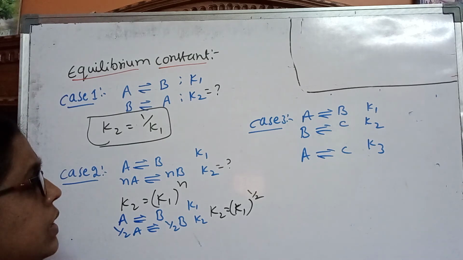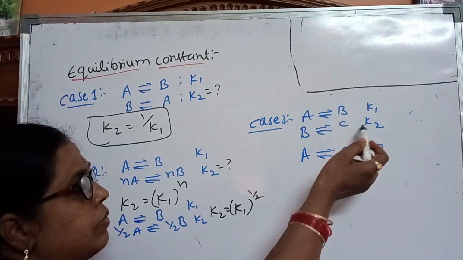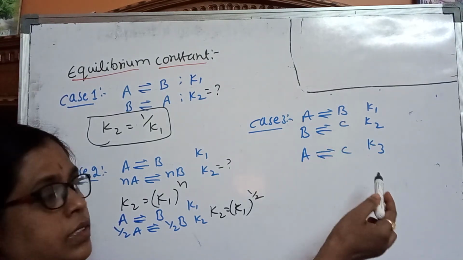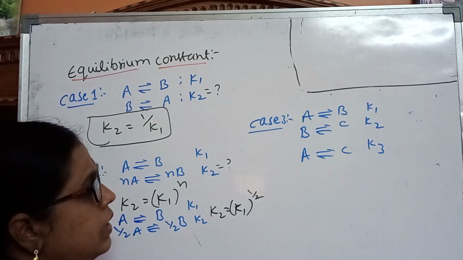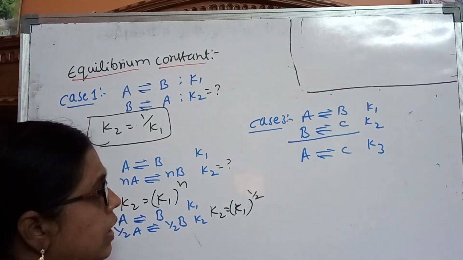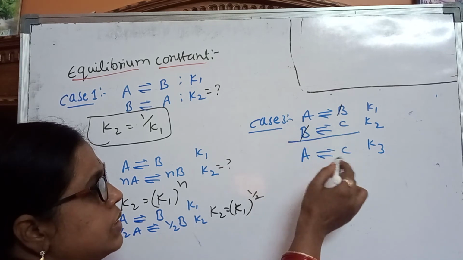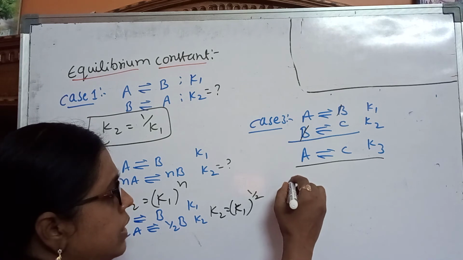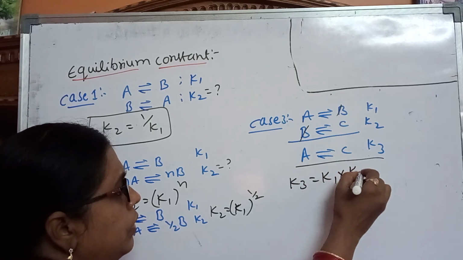Next relation: A gives B with K1, B gives C with K2, but A gives C with a third equilibrium constant K3. This net reaction we get by adding these two reactions, so B cancels, meaning A gives C. For such reactions, the relation between the equilibrium constants is K3 is equal to K1 into K2.